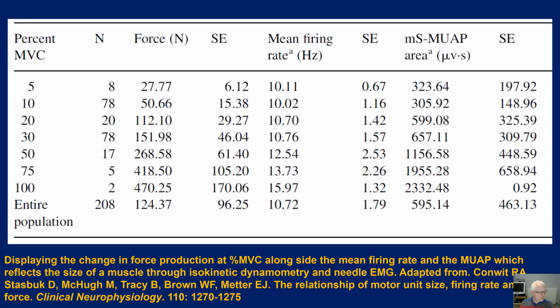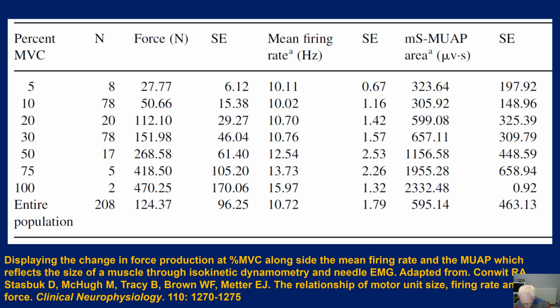If we go from 20 to 50%, we've gone from 599 to 1,156. And from 50%, we've almost doubled it again. We've gone to 2,332. In other words, the total area of recruitment has increased. We've gone from recruiting smaller units.